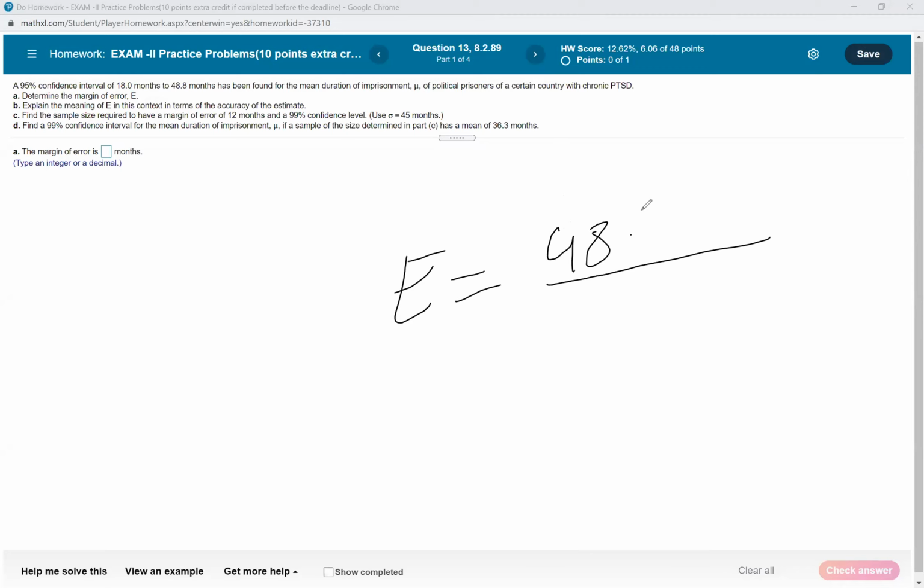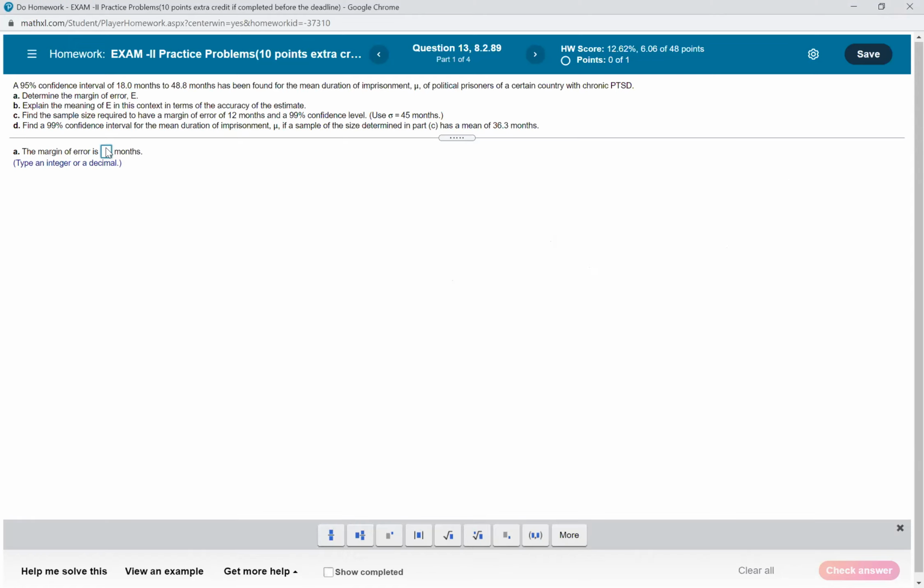Then it is the difference between the upper limit and lower limit divided by 2. So that's 48.8 minus 18 divided by 2, which is 15.4 months. So the answer is 15.4.